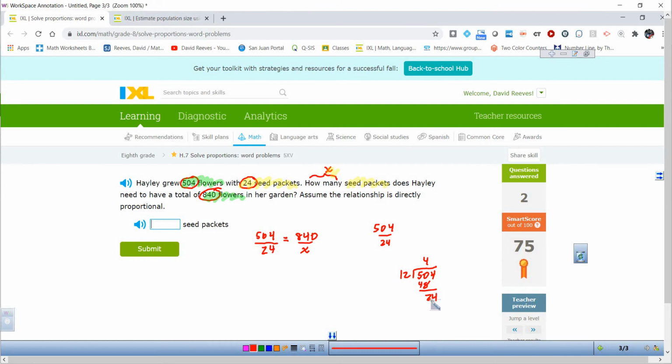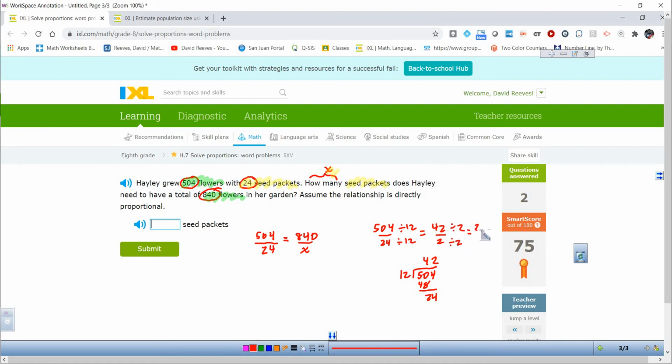And I bring that down 24, and 12 goes in, and I get 42. All right. So if I were to divide both of these by 12, and I see now I could go even bigger, right? 504 divided by 12 was 42, and 24 divided by 12 is 2, right? But I can then divide both of those by 2.